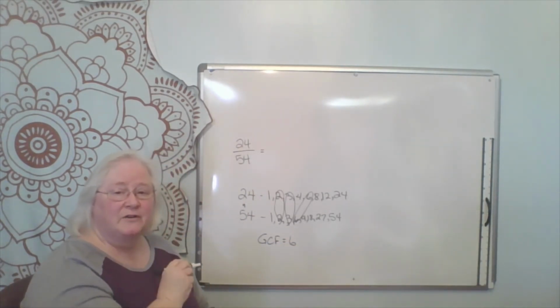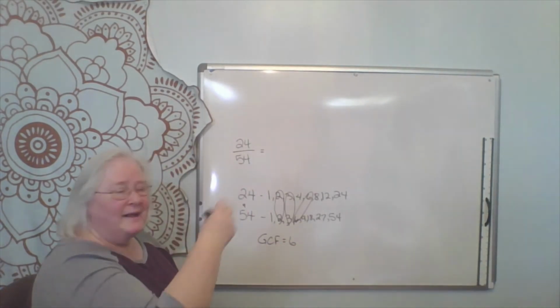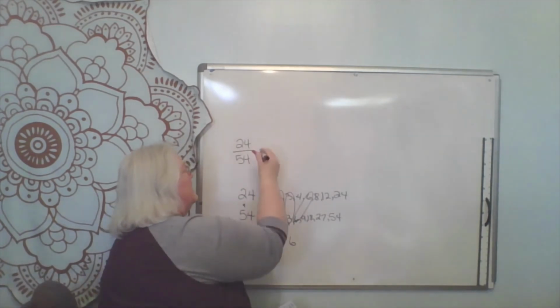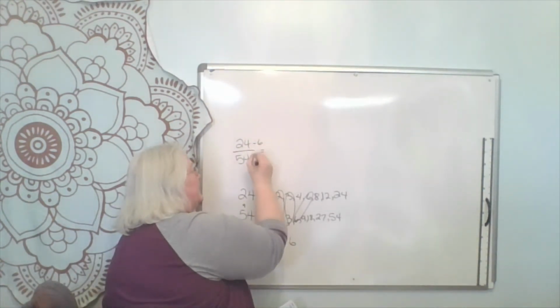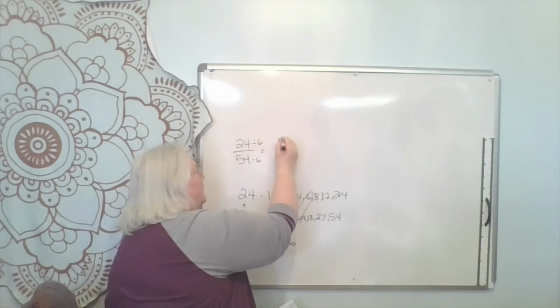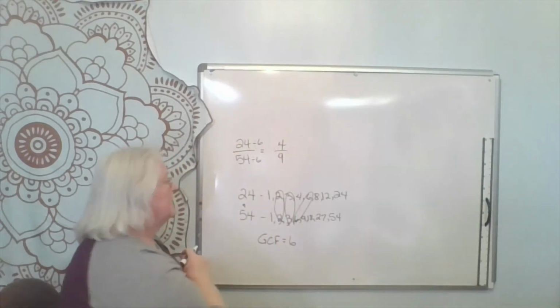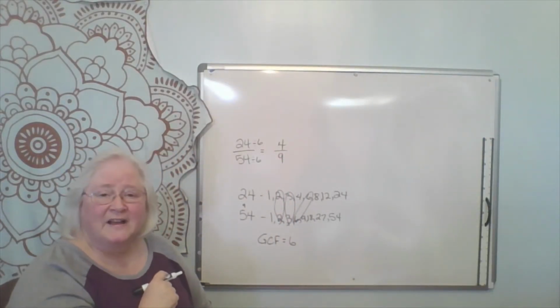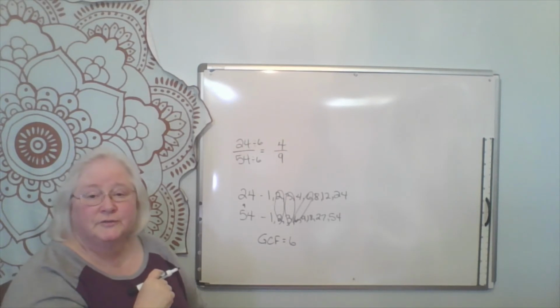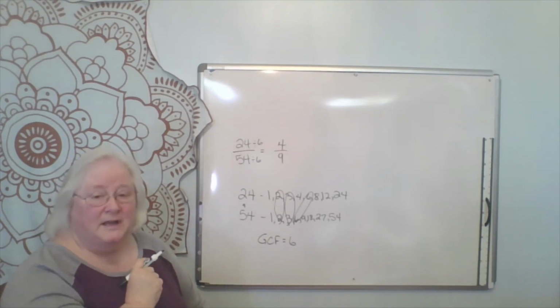Okay, after we find our greatest common factor, we go back up to our problem and we divide by 6. So this is going to be a 4 and this is going to be a 9. So our reduced fraction is 4 over 9.